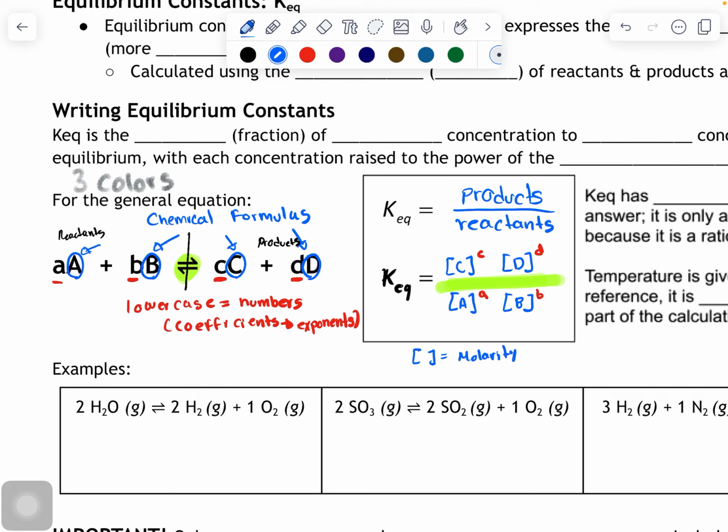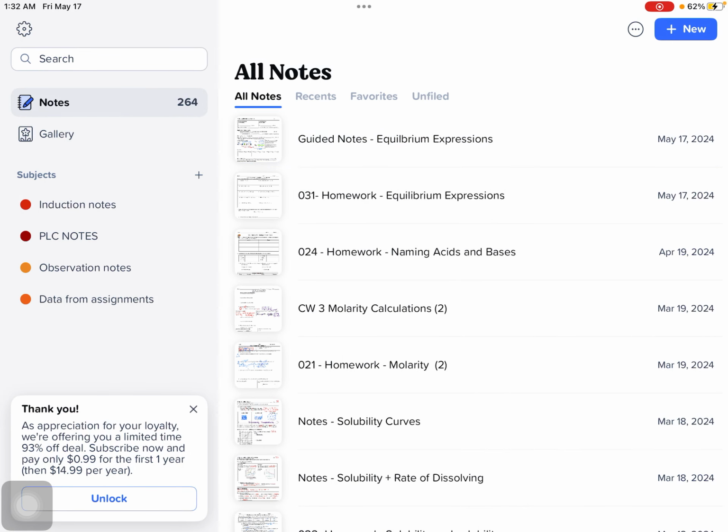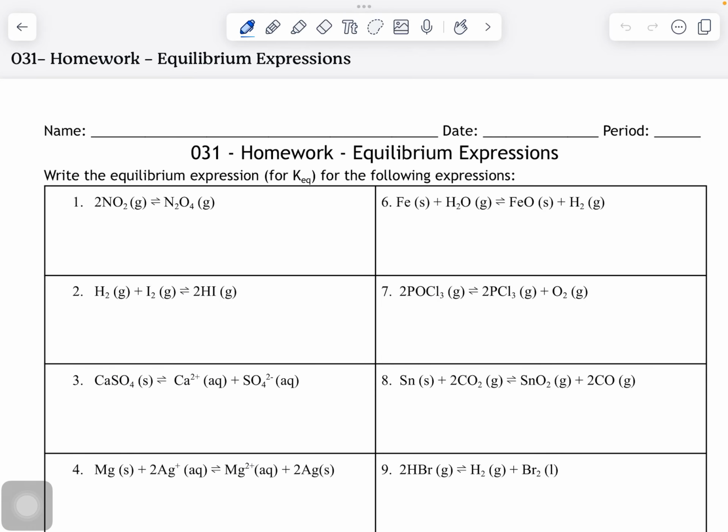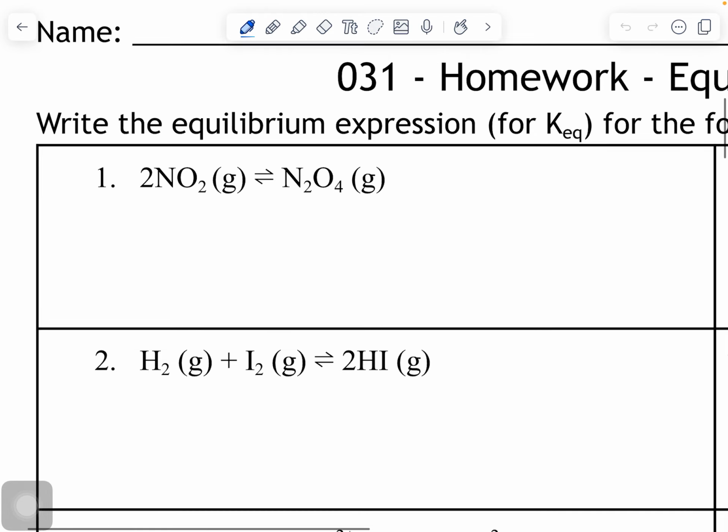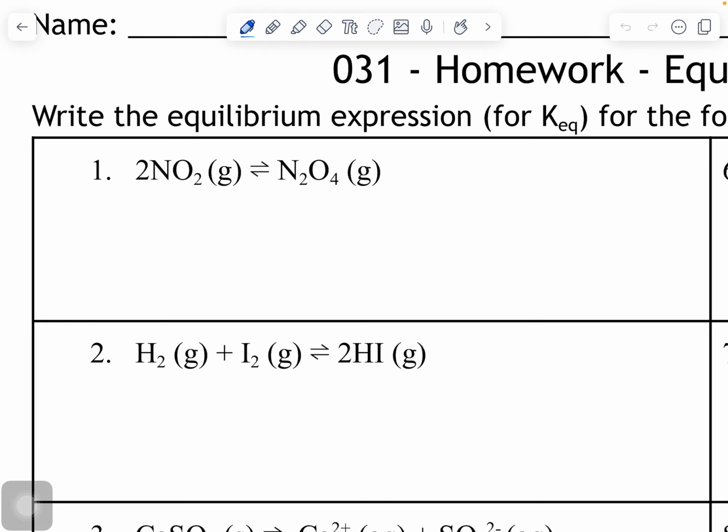Okay, so let's go ahead and practice some examples from your homework. And so this is 031. Okay, so go ahead and grab your three colors, and what I want you to do is to circle the chemicals. Okay, so we only have two chemicals.